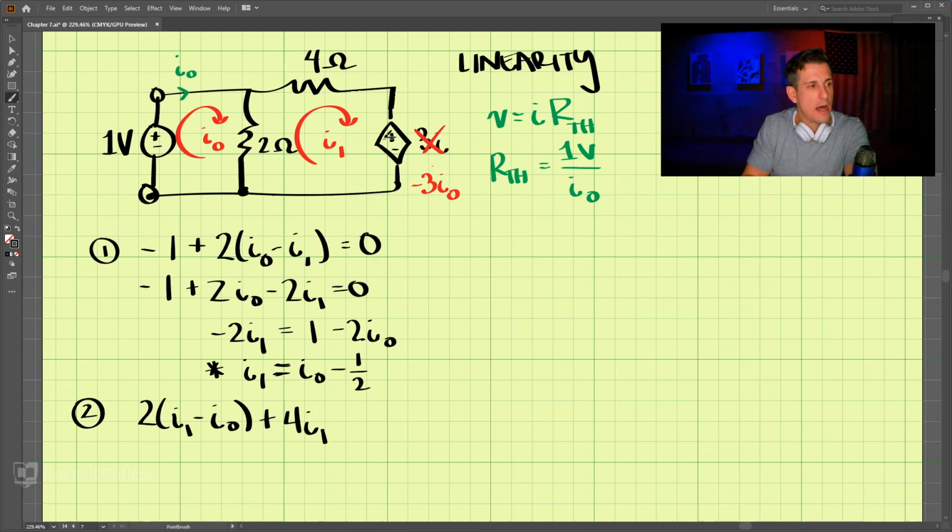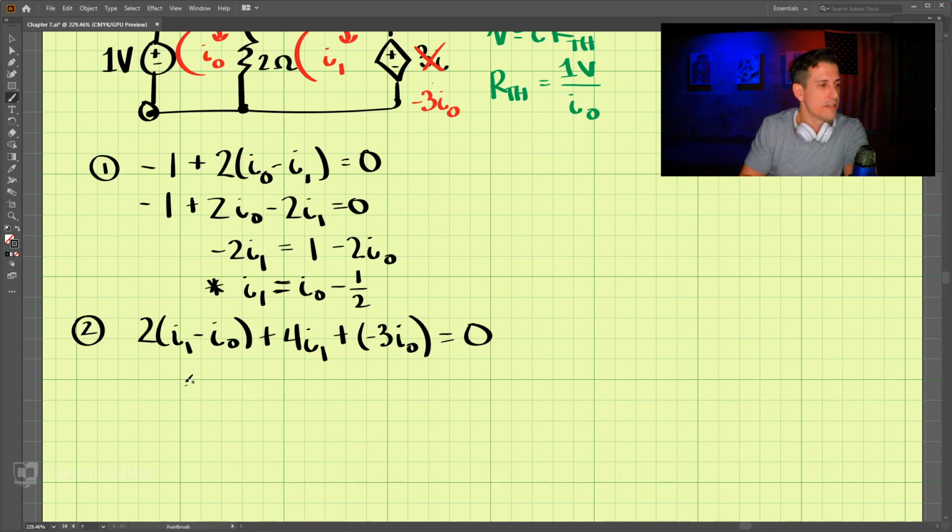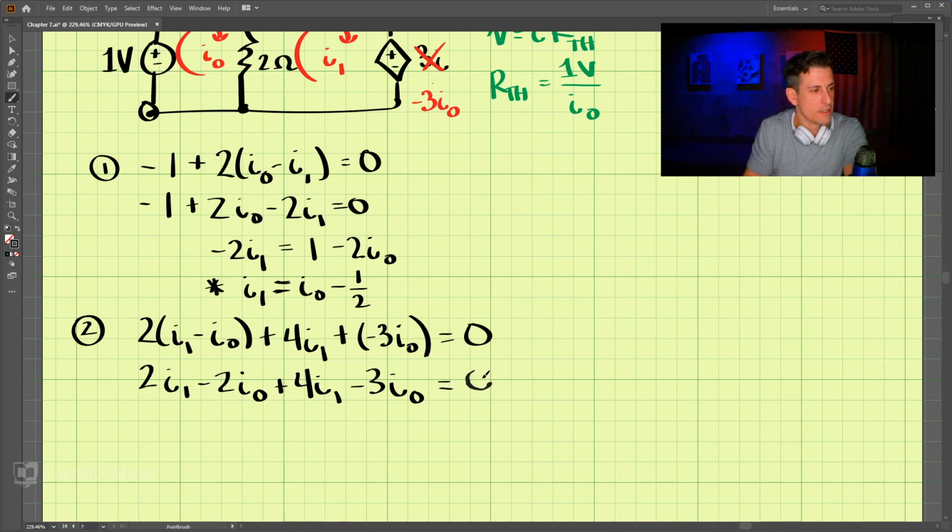And then we go positive to negative, which is then negative 3 I naught equals 0. Now let's expand this out: 2I1 minus 2I naught plus 4I1 minus 3I naught equals 0.